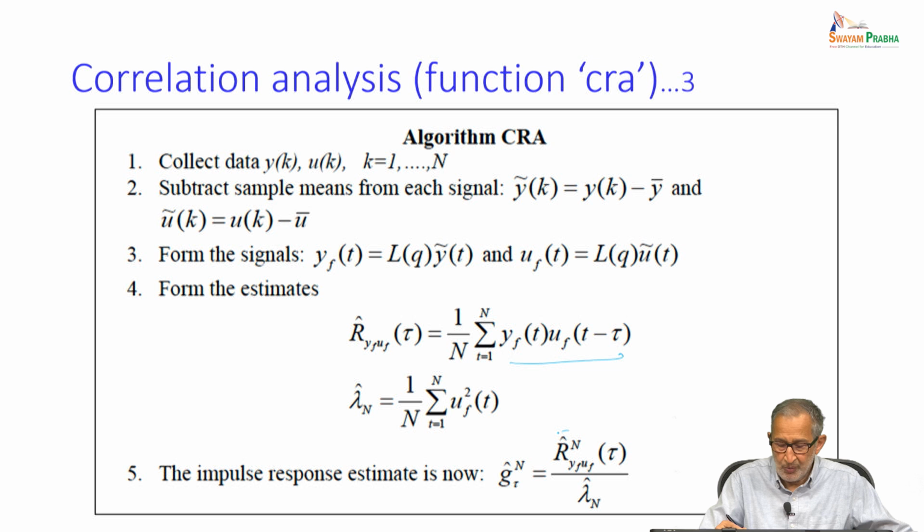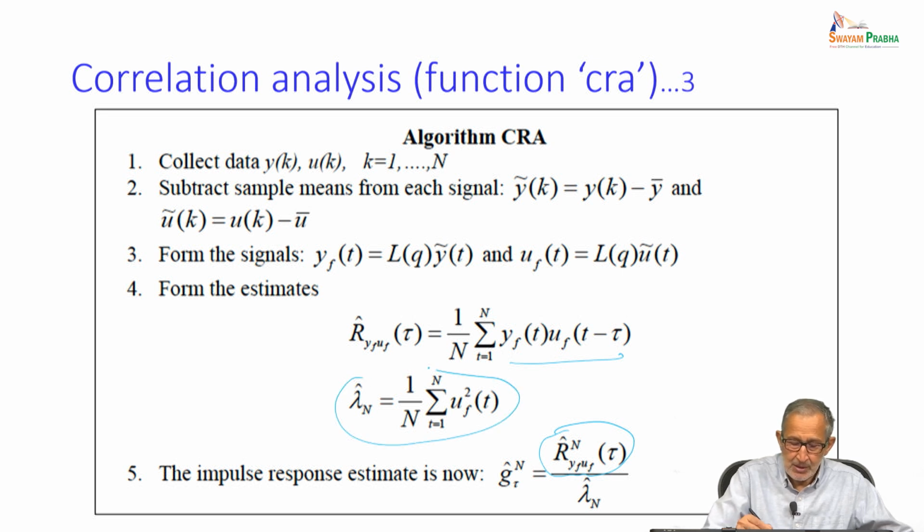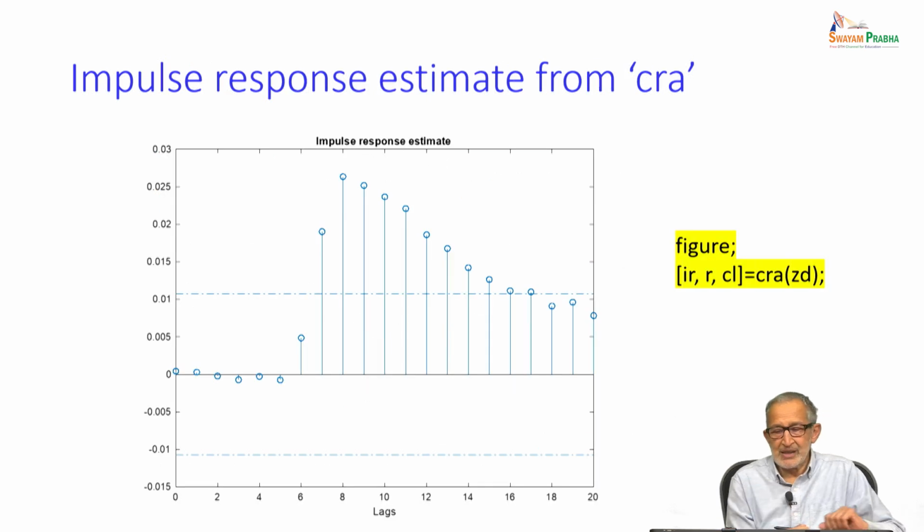We compute the covariance function between the input and output with lag tau divided by lambda, and lambda is computed from the input that you provide. So the function CRA does all of this, and here is the output.